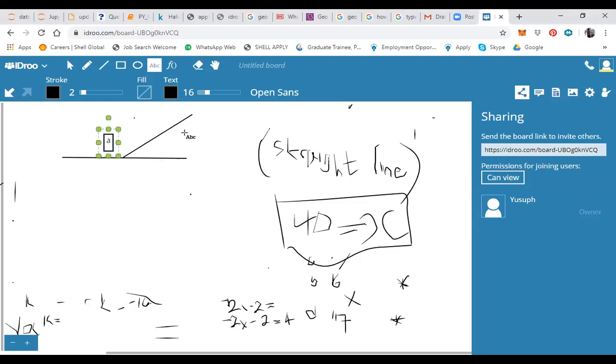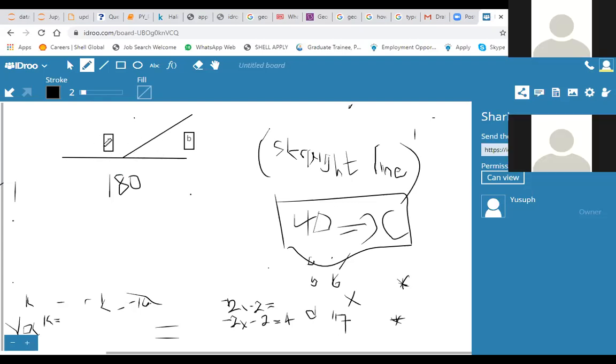So let's assume this is B, and this angle is B. Now, I hope you know that this is angle 180. This here is a perfect straight line, right? Yes or no? 180. What is A plus B? A plus B is what?